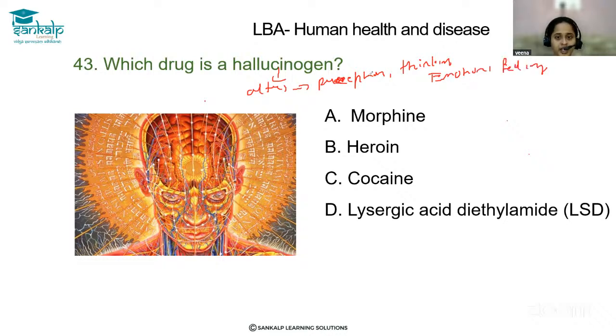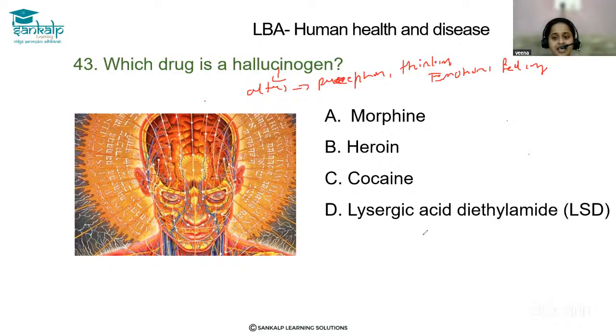If you take this hallucinogen, it alters all the thinking ability of the man, and then emotions and feeling. So that's why it is called a hallucinogen. Morphine, heroin, cocaine are all drugs only, and some drugs are used in medication also, but these are not acting as a hallucinogen.